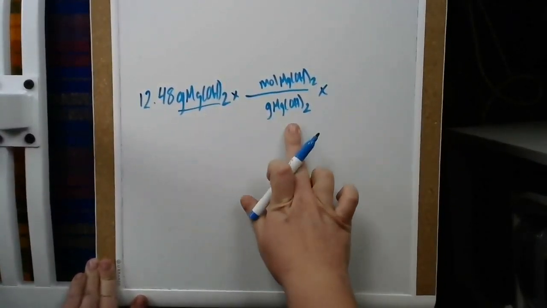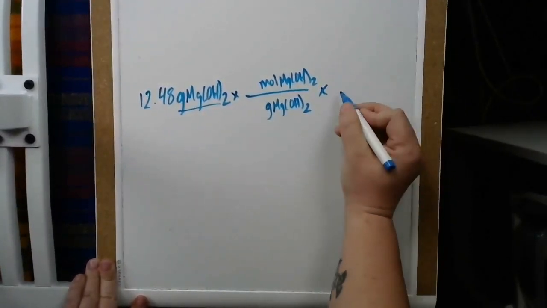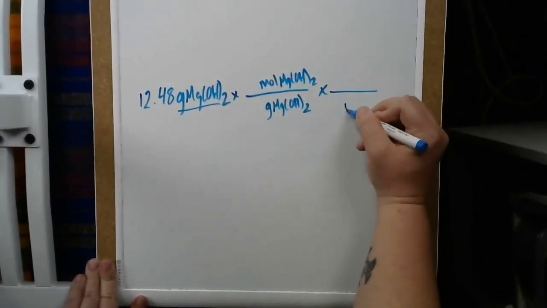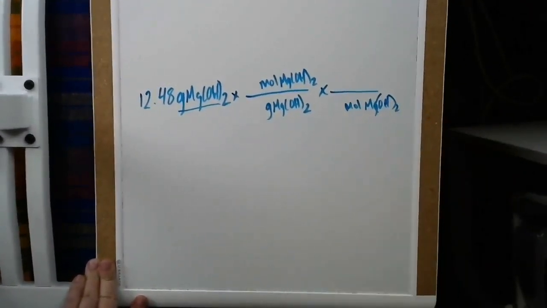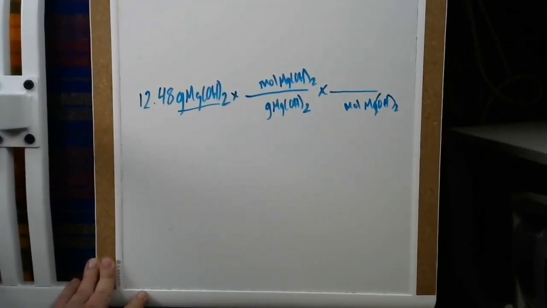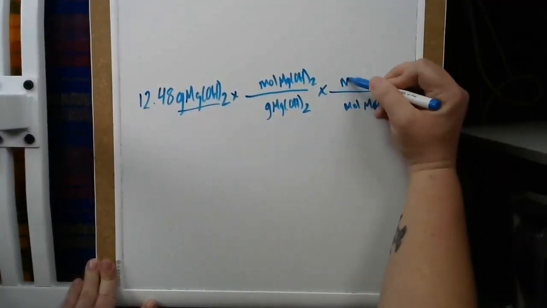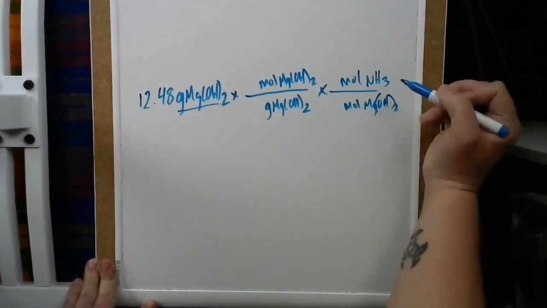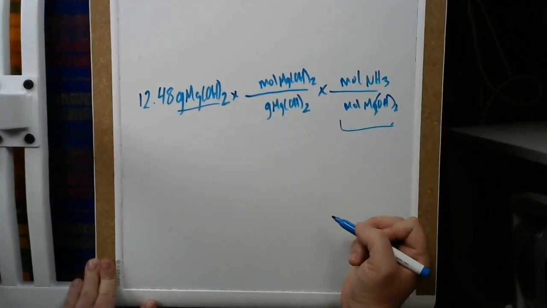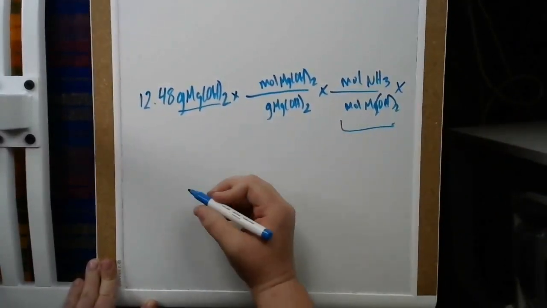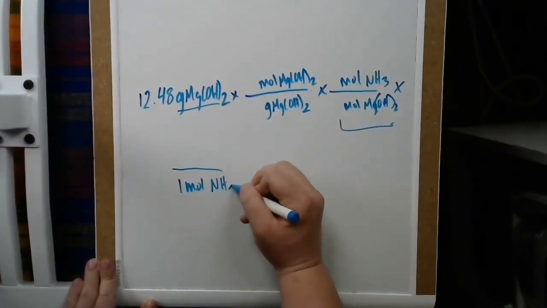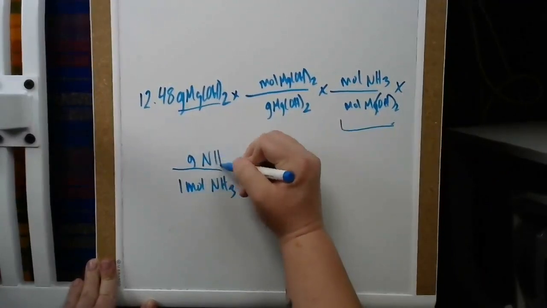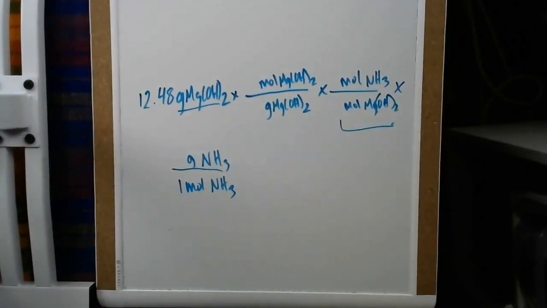Once you've gone from grams to moles, now you're going to go from moles of Mg(OH)2 to moles of ammonia. Okay, and this comes from the balanced chemical equation. Once you've converted to moles of ammonia, your next step is going to be going from moles of NH3 to grams of NH3. So we need to do some molar mass calculations to figure the rest of this out.